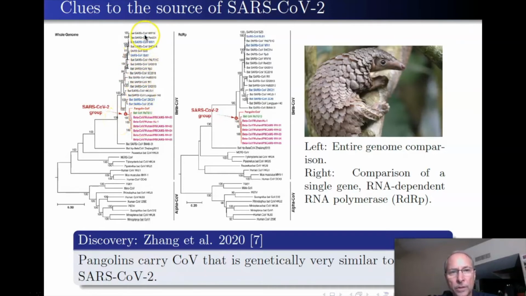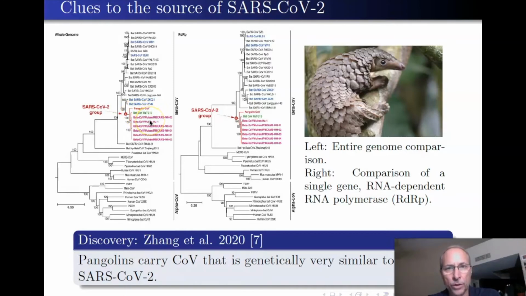All the rest of these are primarily bat CoVs, SARS-type coronaviruses found in bats. This orange one right here is the pangolin one, the one that infects these little pangolins. And this green one is a bat coronavirus. And look how closely related these are.